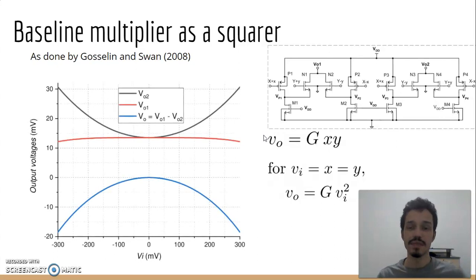In the case of the baseline multiplier, here we can see both single-ended outputs and the differential output in blue. Differently from the linear case, here in this squaring mode, one of the outputs, the VO1 single-ended output in red, is kept at an almost constant value.